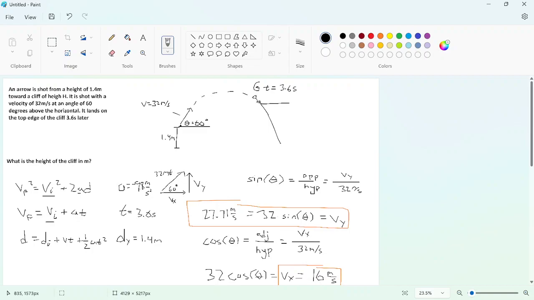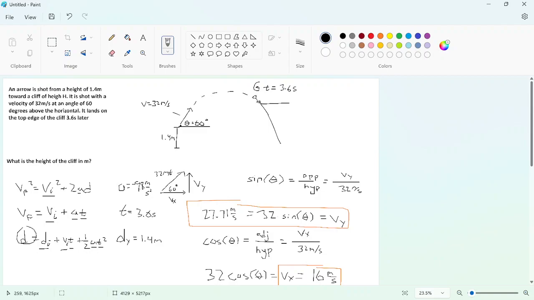We have the initial velocity, we have the acceleration. We do have the time that it takes to travel. So we'll be able to calculate the final velocity in this case. We have its initial position, its initial y velocity, its acceleration, and the time it takes.